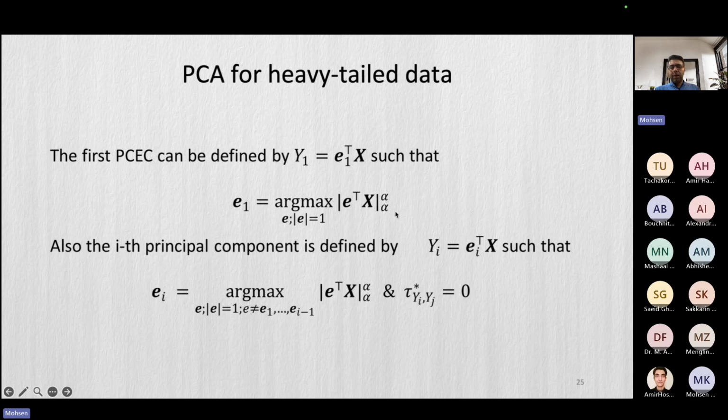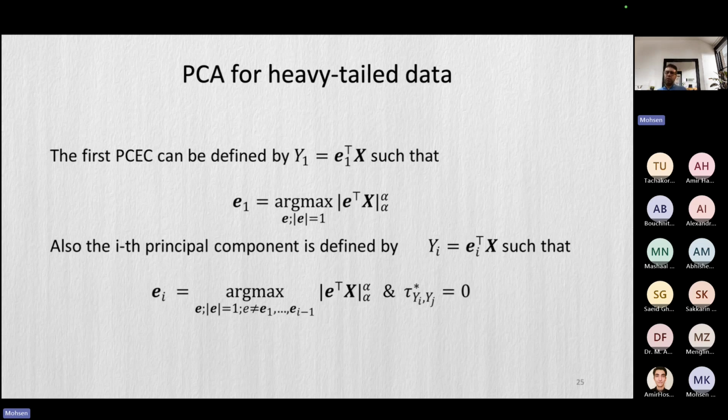The norm here we call the covariation norm. The norm is defined by the characteristic function. And for the second component, we want a unit vector which maximizes the covariation norm, while the codifference between the first linear component and the second linear component is 0.